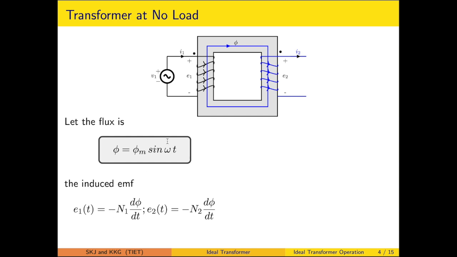This negative sign suggests that it is opposing the cause, which is the current. So this is directed opposite to V1. Now the flux expression is substituted in this, and when the derivative is carried out, we will be able to find the instantaneous values of the induced EMFs E1 and E2 likewise.